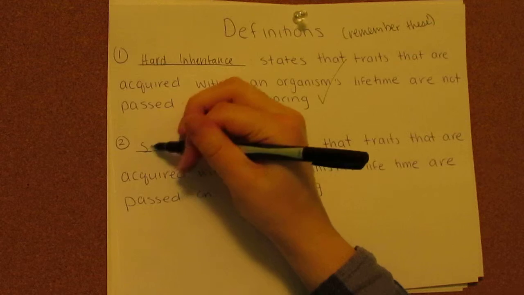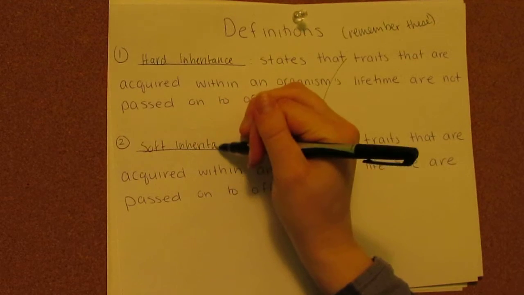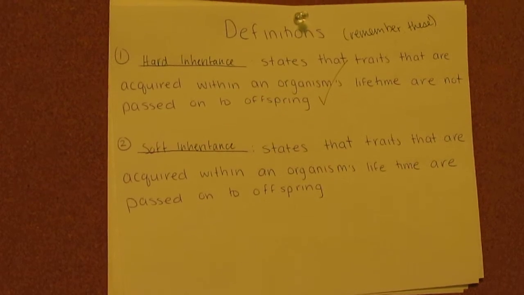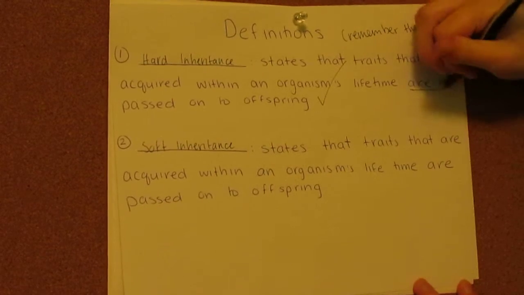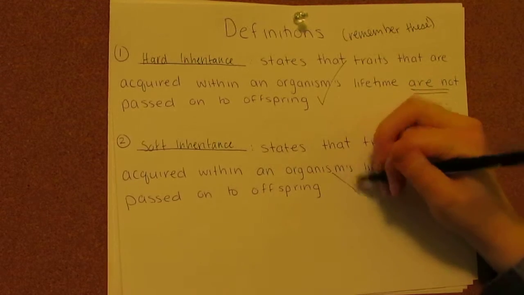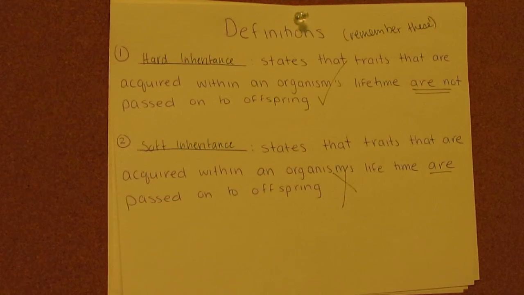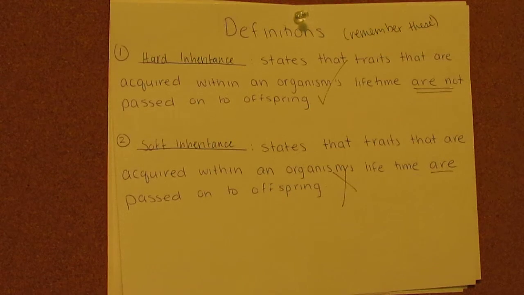And soft inheritance states that traits that are acquired within an organism's life are passed on to offspring. So hard inheritance is not, soft inheritance is, but this one does not occur. So hard inheritance, again, is how genes and traits are actually passed on to offspring, and these genes are the ones an individual is born with.